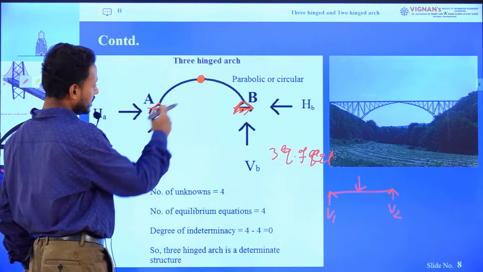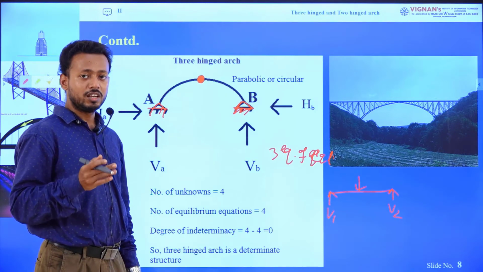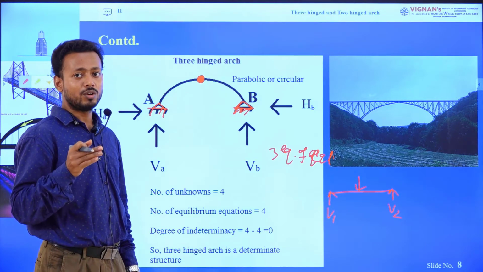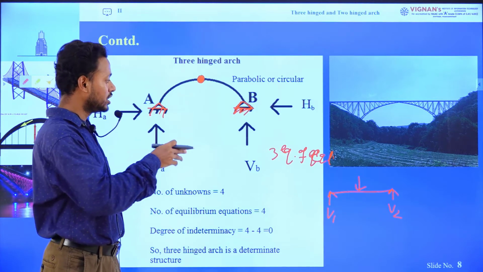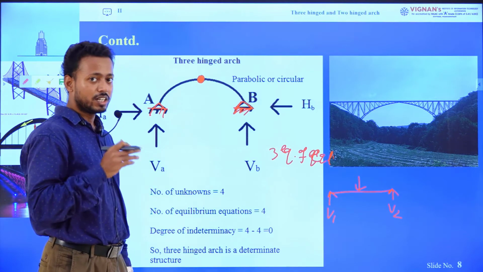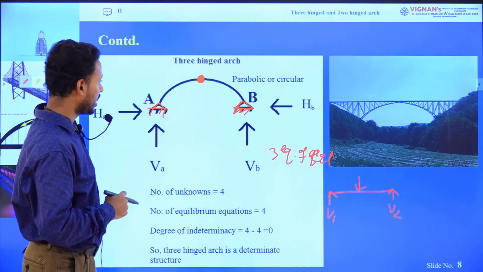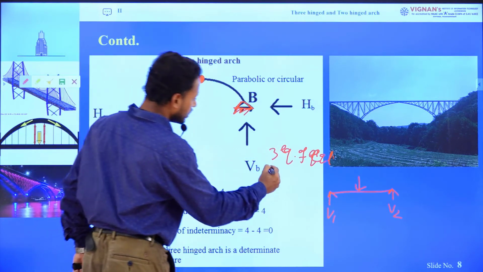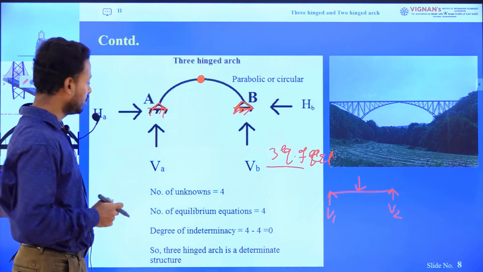In case of a 3-hinge arch, we have learned that static indeterminacy means the number of unknowns that we cannot calculate using the 3 equations of equilibrium. Here we have 3 equations of equilibrium, and what are the unknowns?